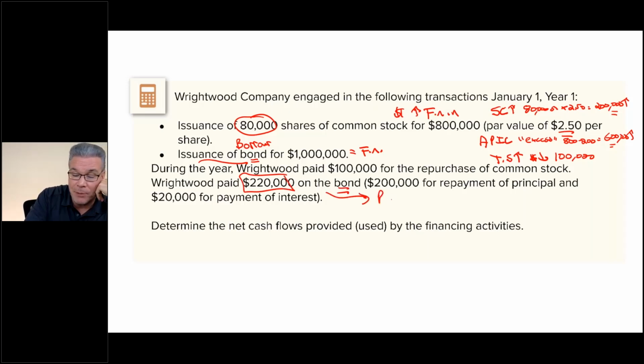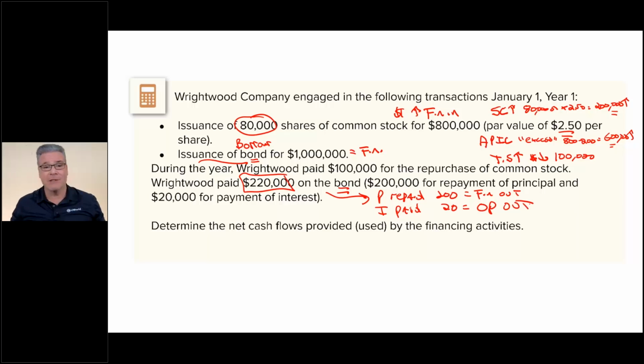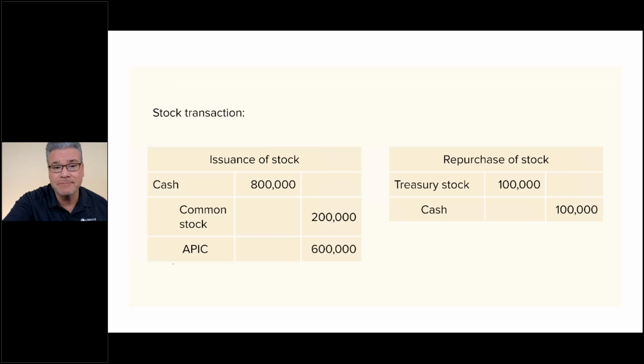The principal repaid, 200, financing outflow. The interest paid, the 20, operating outflow. And again, no options under US GAAP. All righty. So there's the change in our own debt and equity.